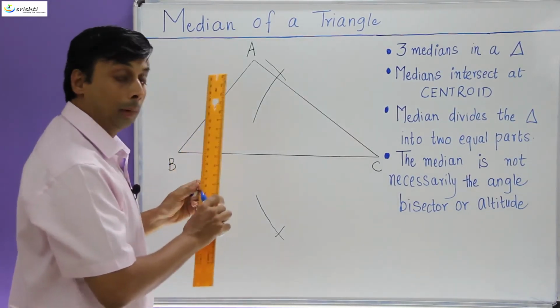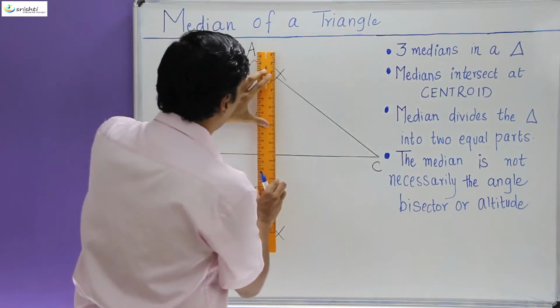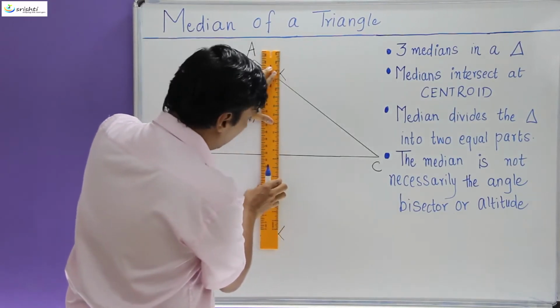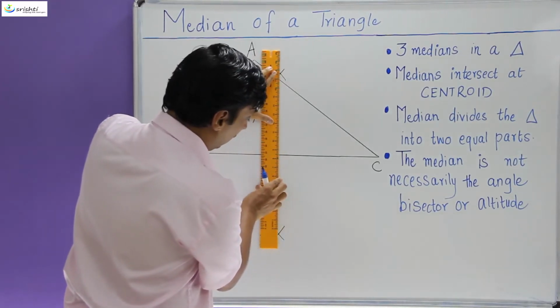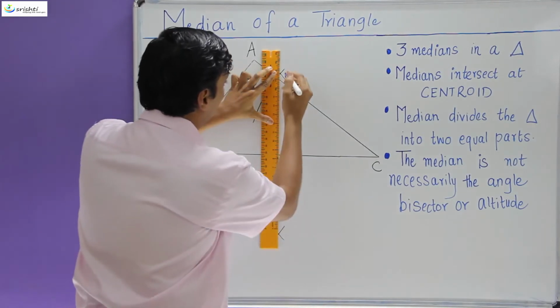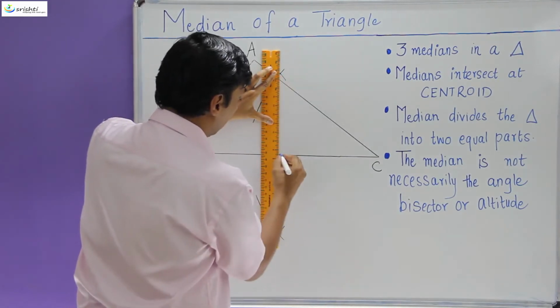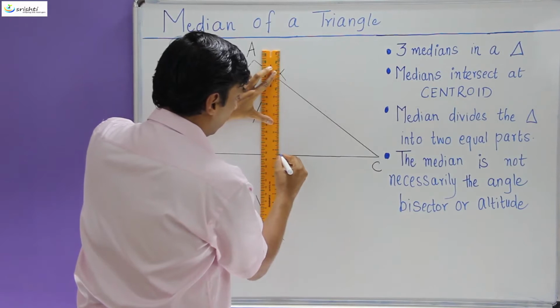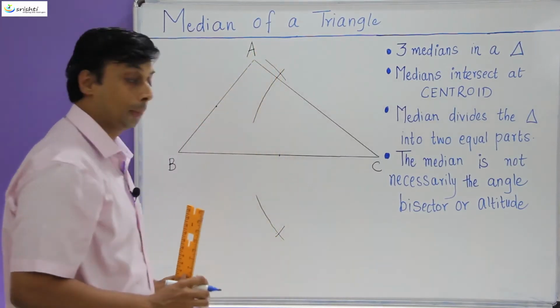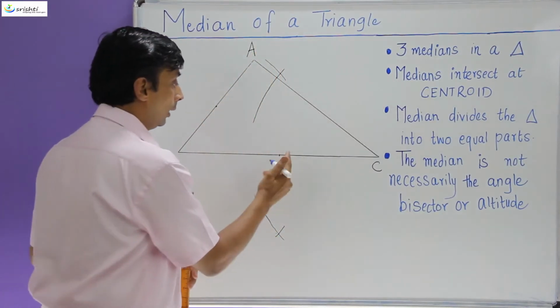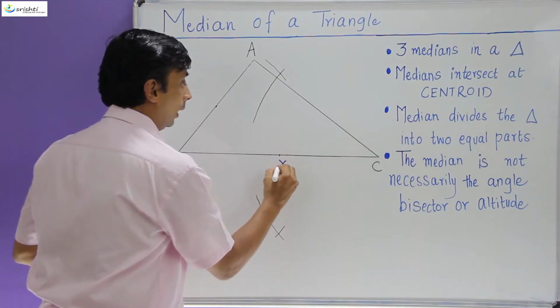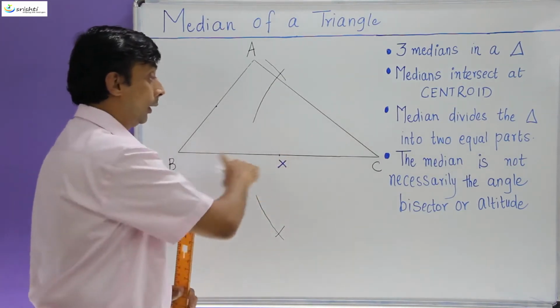and once I join them, I really am not interested in the perpendicular bisector here, but I am interested in finding out where this line segment is intersecting the base. So I notice here that if I join these 2 points, the line is going to intersect the base BC at this particular point, and therefore let's mark this point as X. This particular point is the midpoint of BC.